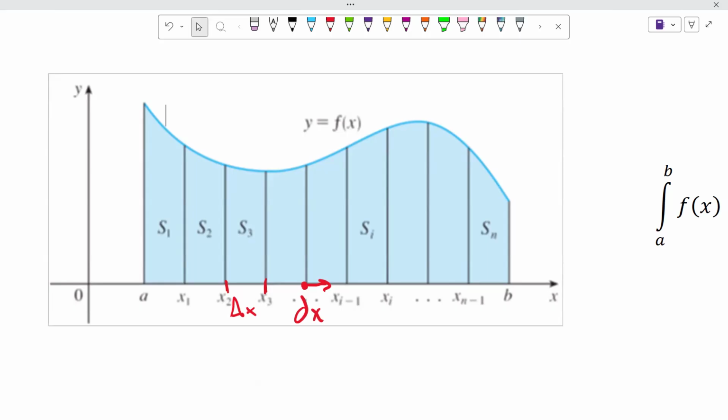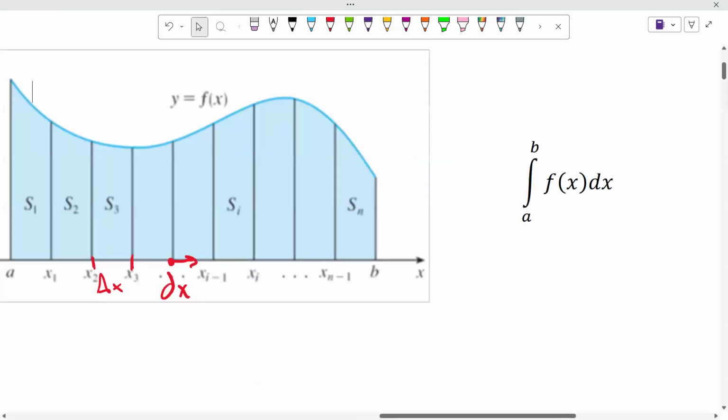We take a limit as the number of these rectangles goes to infinity, which means that delta x gets close to 0, right? It's supposed to shrink to be really, really small, but we don't want it to be exactly 0, just like we never wanted to divide exactly by 0 when we did derivatives. So that delta x has a limit of dx, our differential, our integration token. And that thing is supposed to represent an itty bitty tiny little change in the x value.